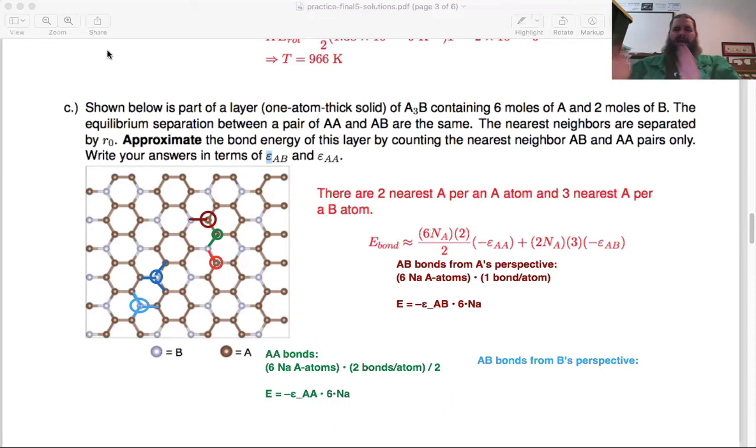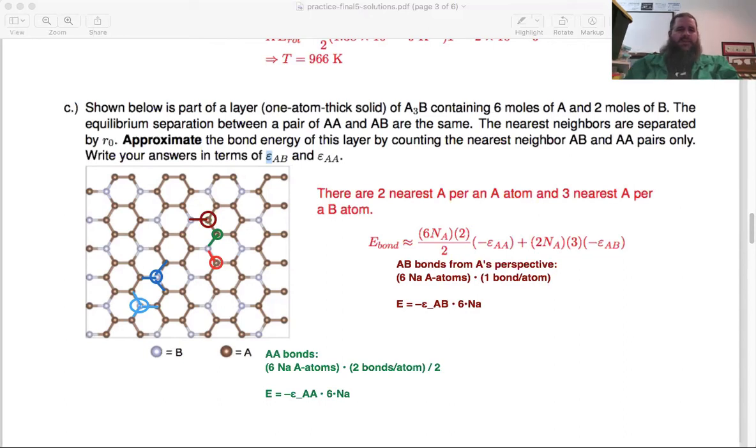We can just multiply the number of type B atoms times the number of bonds per atom. And how many type B atoms are there in this entire sample? Yeah, it tells us up here in the paragraph, there's 2 moles of type B atoms. So 2 Na B atoms times how many bonds per atom? 3 bonds per atom.